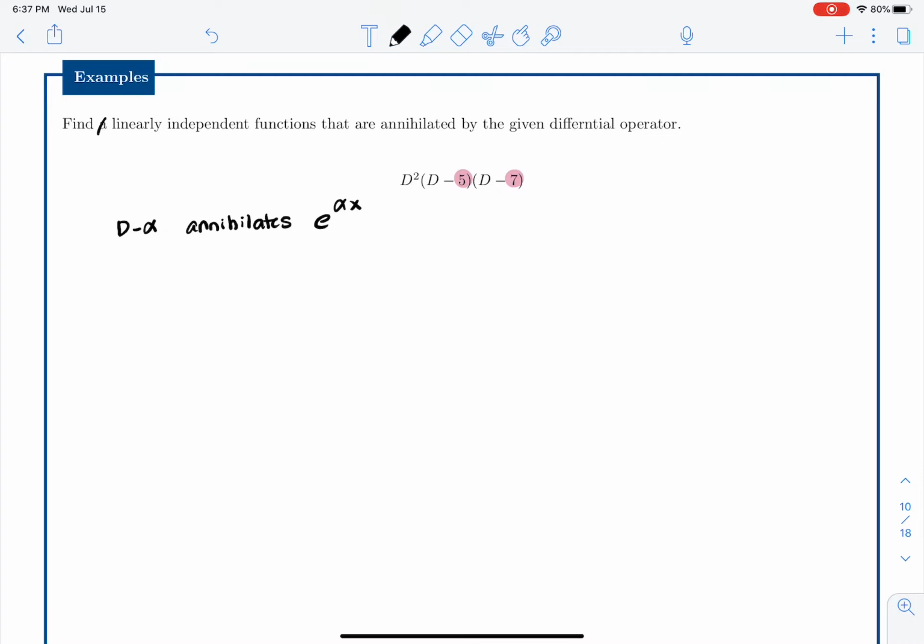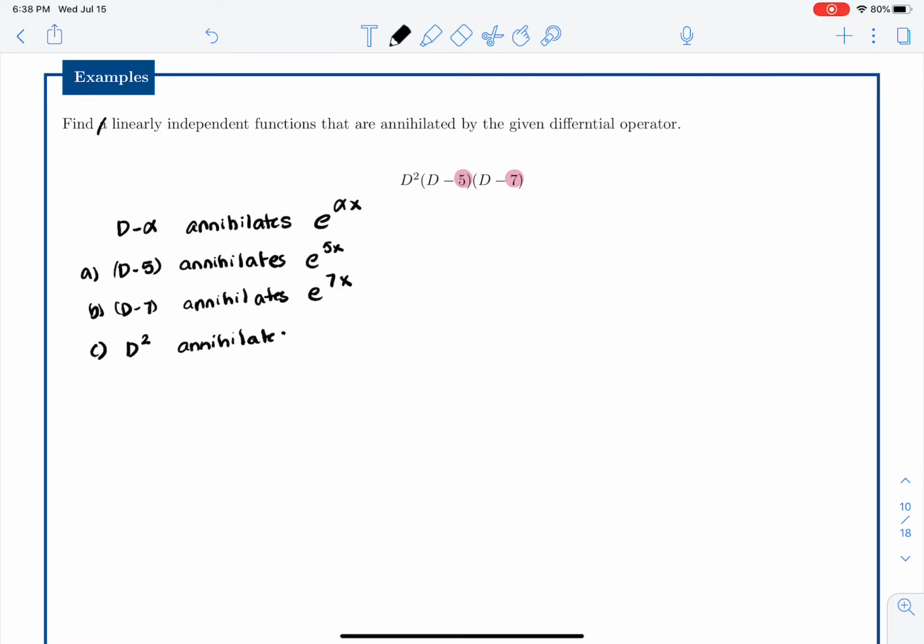So D minus 5 will annihilate e raised to 5x. D minus 7 annihilates e raised to 7x. D squared annihilates expressions of the sort 1, x, and that's it. It can't go up to x squared, so 1 and x.